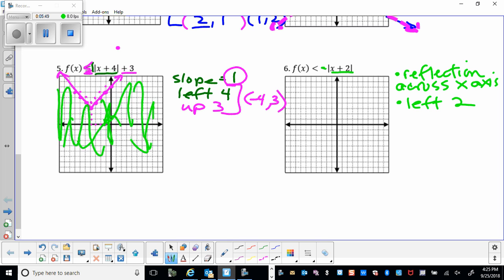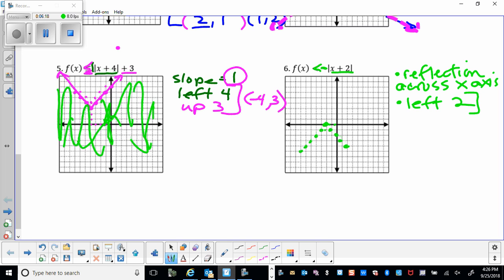So for my vertex, I'm just going to start at the origin and go left 2. Then it's a negative slope, so I'm going to go down 1 over 1, down 1 over 1, and down and over on the other side. And this is a less than, right?